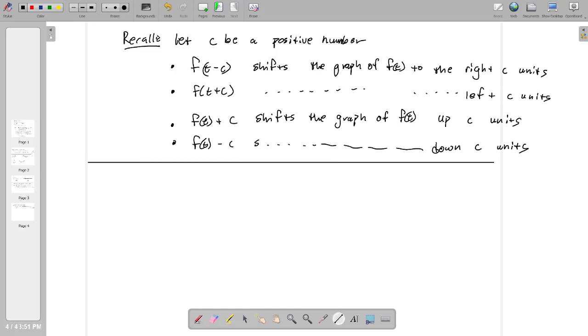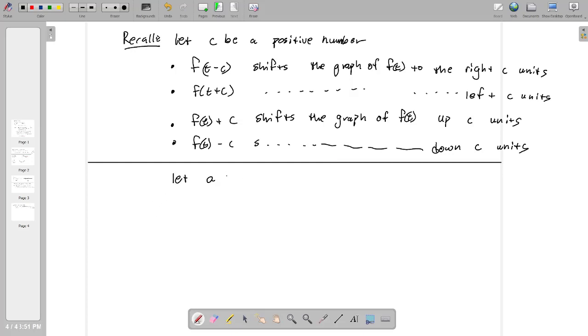So these graph shifting techniques that we've used in previous classes still apply to sine and cosine, just like they would apply to any other function. As we get further in this course, we'll look at these in a little bit of a different light, but for right now with sine and cosine, this is sufficient.